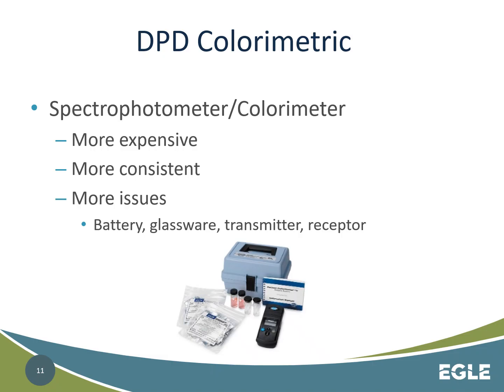This can always be zeroed out with a blank cuvette, and then you fill it, add your powder pillow, and there you go. Another thing is you have to make sure that your reagents are being upkept and are not out of date.